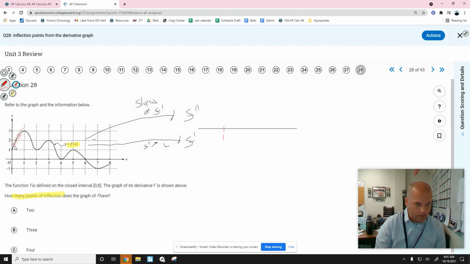F prime is going up until 1. Boom, I got my first interval done. Then I have a 0, and then F prime slopes are negative until 2. Or you could see F prime is going down until 2. Whichever one you want to do, it works. Then we're going up again until 3. The slopes are positive until 3.